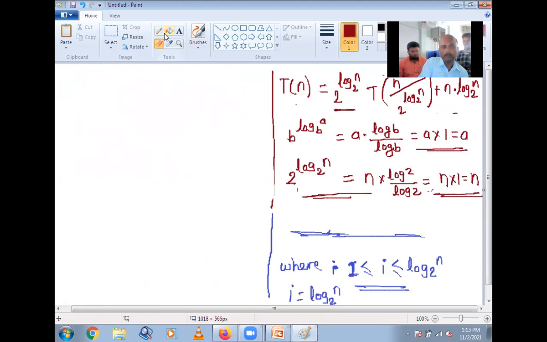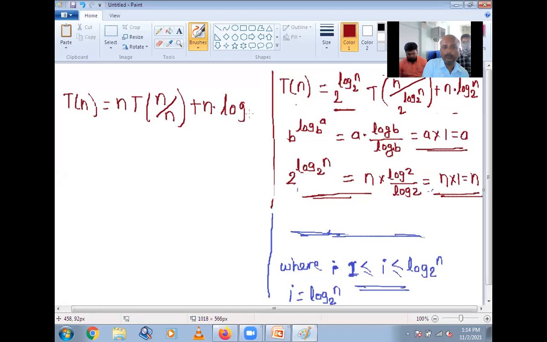So the equation will become T of n is equal to n into T of n upon n plus n log n base 2. So which is equal to n into T of 1 plus n log n.